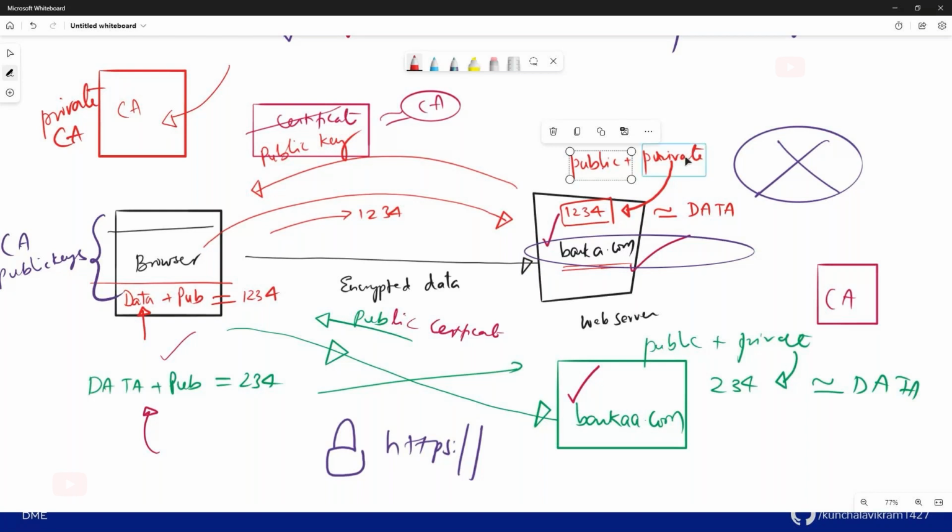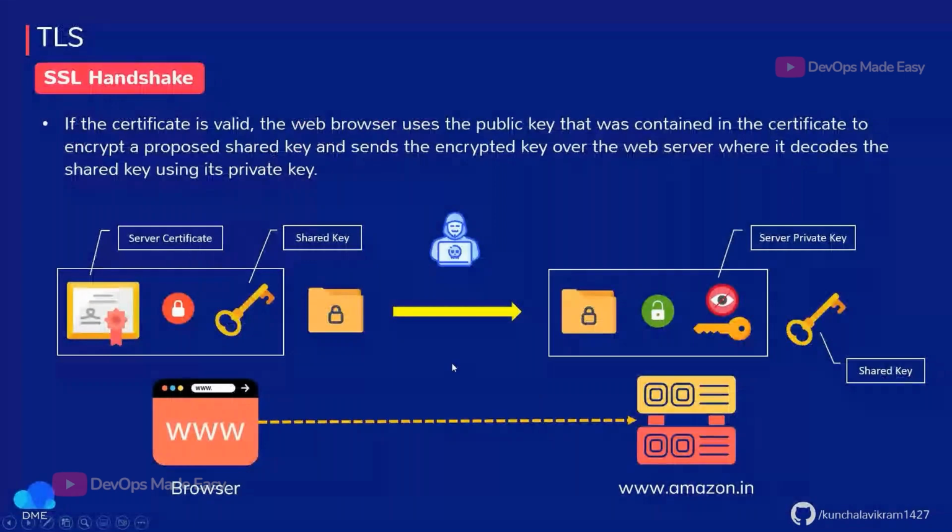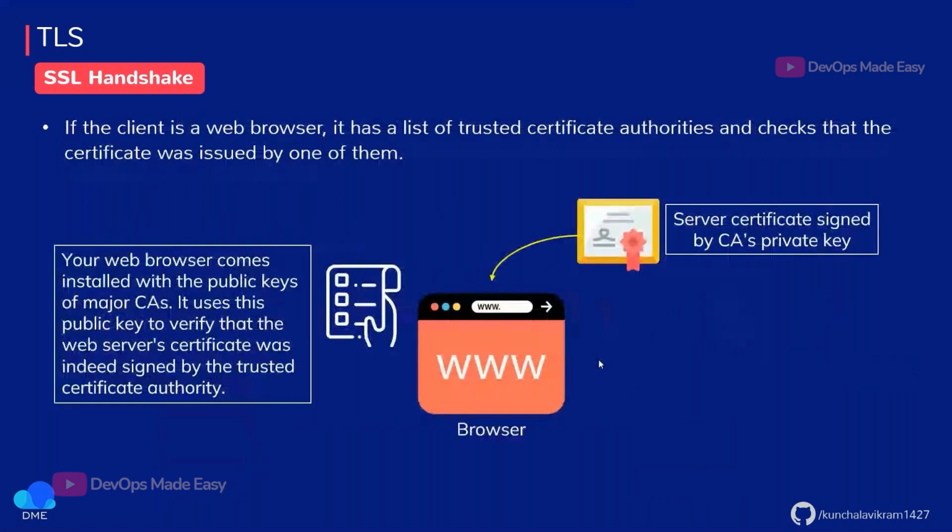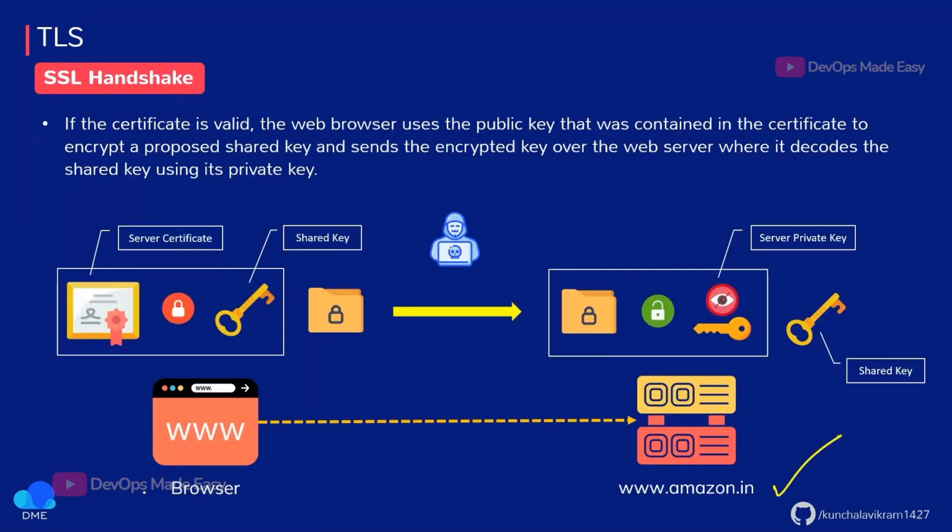But as I already said, this method is very slow, because it is using asymmetric key encryption. Since it is very slow, I'll go for symmetric key encryption. So the first step is completed: the server sends the certificate, and the browser receives it and can validate your domain.